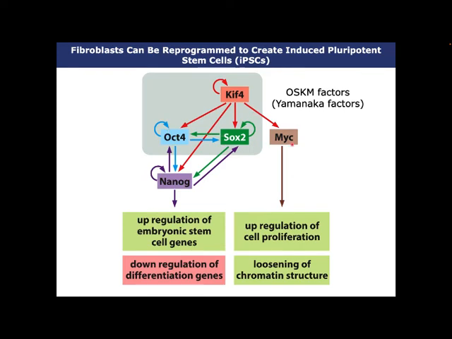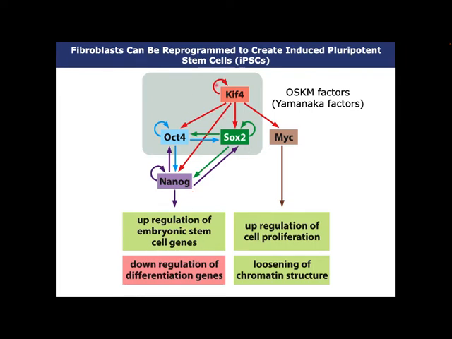And cMYC regulates the upregulation of cell proliferation genes, and it also contributes to loosening of the chromatin structure. And OCT4 stimulates the expression of NANOG, which is essential for the upregulation of embryonic stem cell genes and downregulation of differentiation genes.